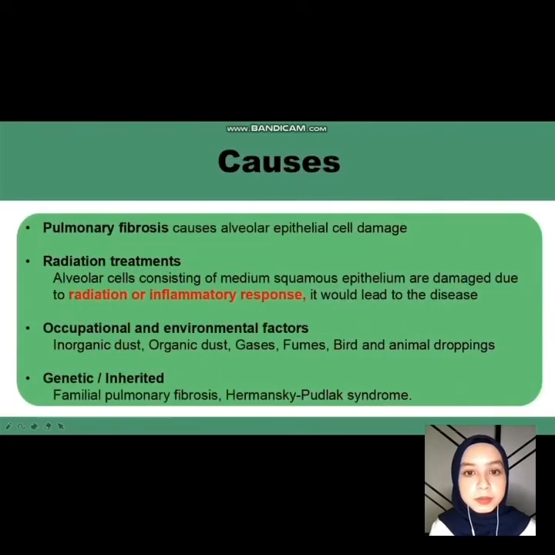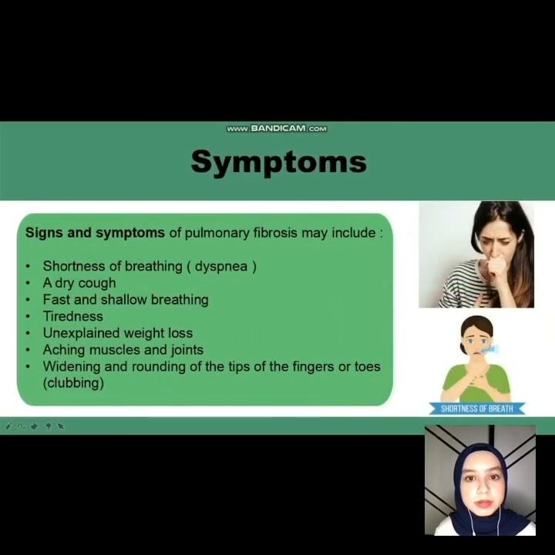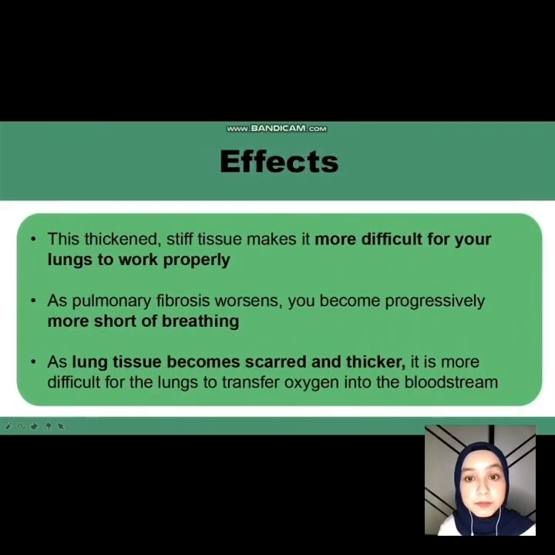Pulmonary fibrosis is caused by alveolar epithelial cell damage, radiation treatments, occupational and environmental factors, and also genetics. Signs and symptoms may include shortness of breath, a dry cough, fast and shallow breathing, tiredness, unexplained weight loss, and other signs and symptoms. Effects: it is more difficult for your lungs to work properly, you are more short of breath, and lung tissue becomes scarred and thicker.